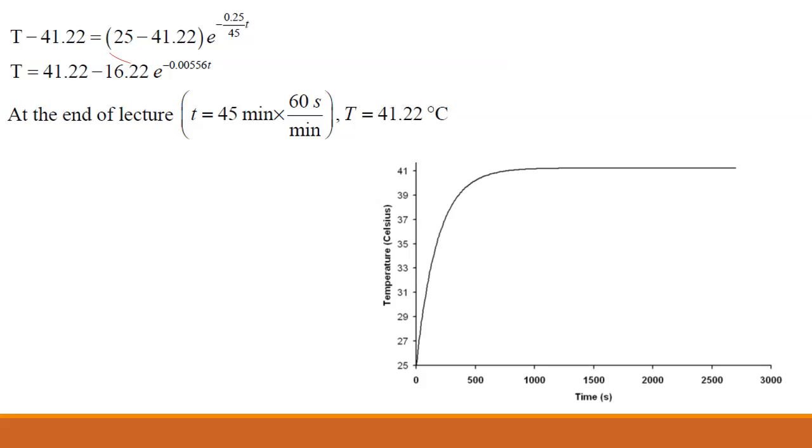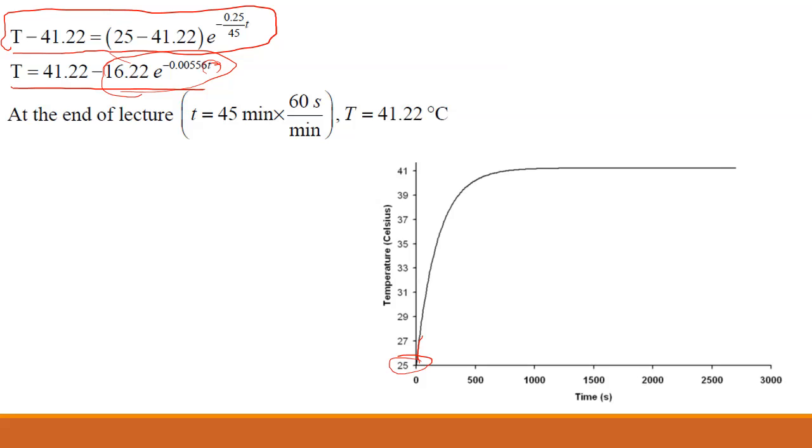Okay, and so all of these will just plug back into this expression to get a nice compact final result. So my final result looks like this: T minus 41.22 is equal to this. So you can see temperature is varying exponentially. And if I plot that, it's going to look something like this. It starts at the initial temperature 25, and you can see at infinite time, if t goes to infinity, then this term will go away because it will go to 0.